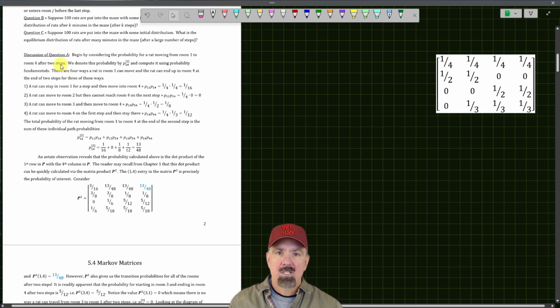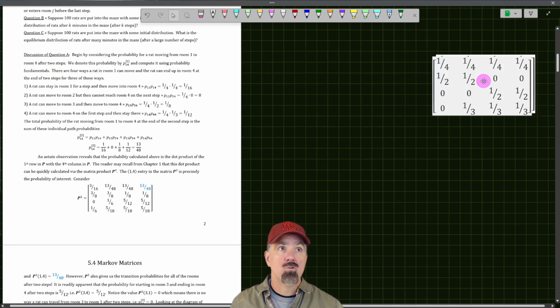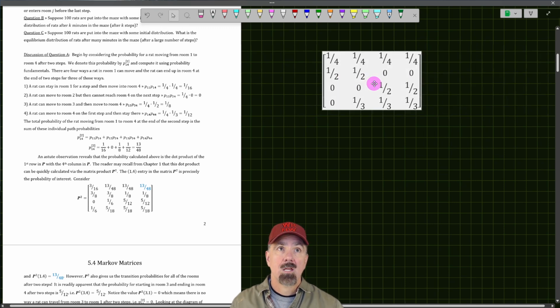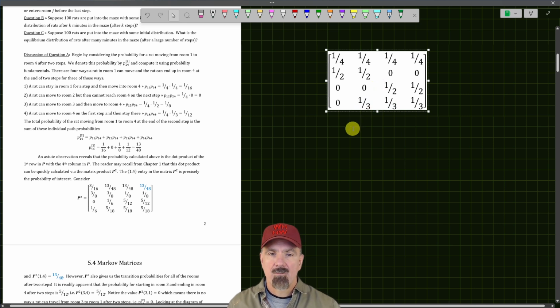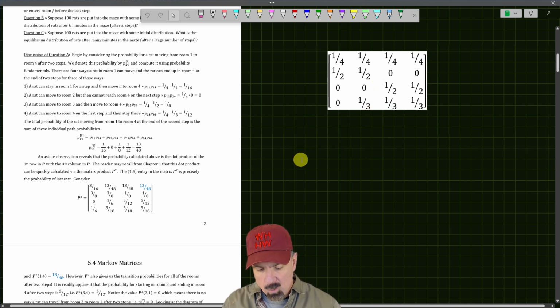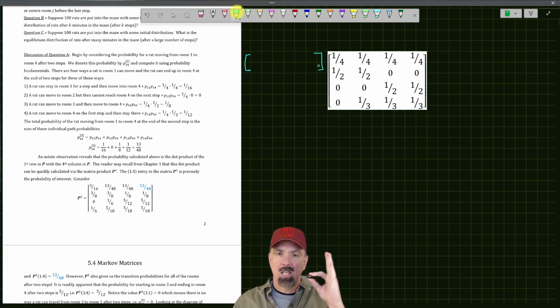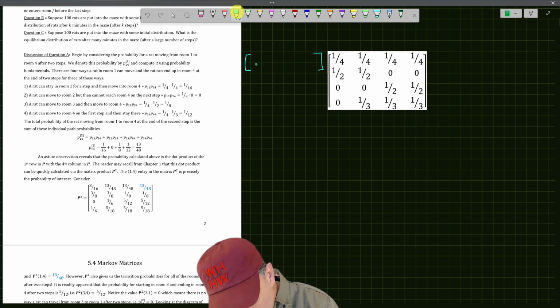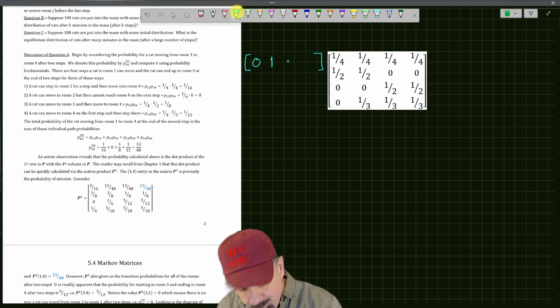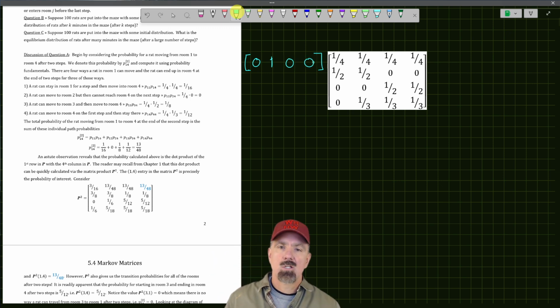What we want to do is understand this, which I think is most easily shown using the transition matrix. And remember, we're going from rows to columns. So the way we think about this, we have rats in each of the states, and we're going to line those up as a row vector. Let's say, for example, we have a rat that is in room 2. And the question is, what's the probability that that rat has moved from room 2 to room 4?